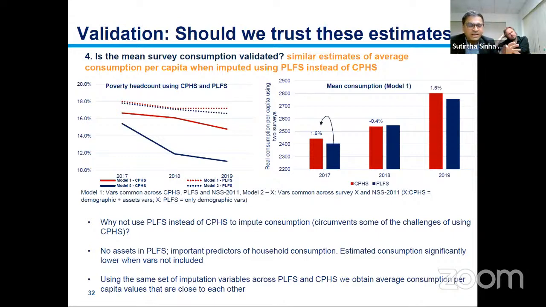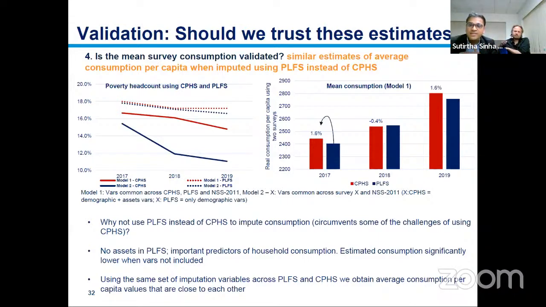The left-hand side graph shows us the poverty headcount rate. Just look at the red lines, the dotted line and the solid line. The dotted line is the estimated headcount that we would get if we apply approach one to PLFS. And the solid red line is the poverty headcount at the $90 line if we use CPHS. And so you'll see that the poverty levels are very close to each other, not small differences.